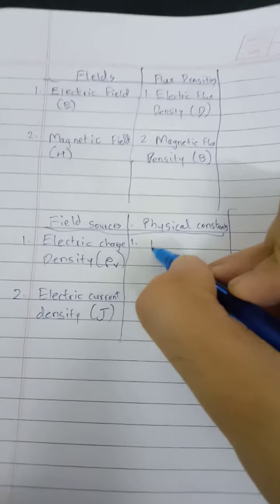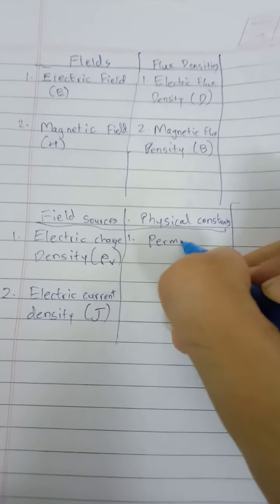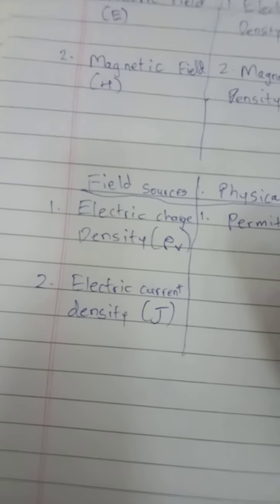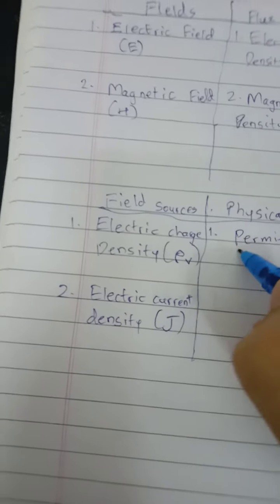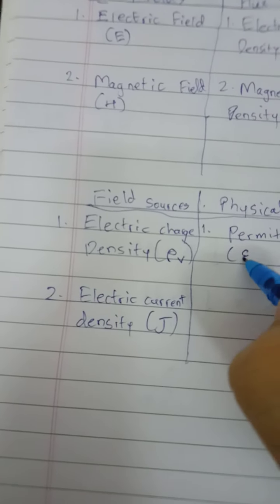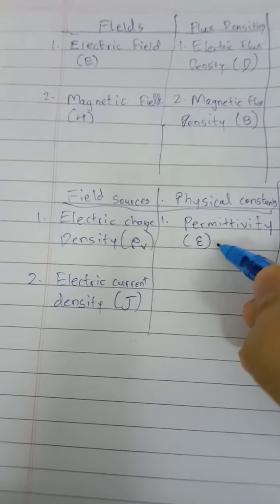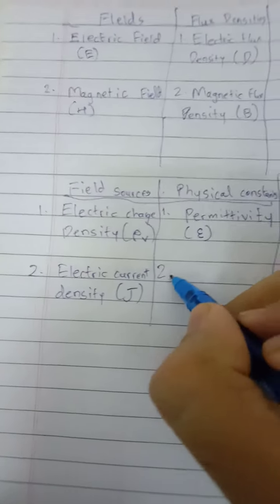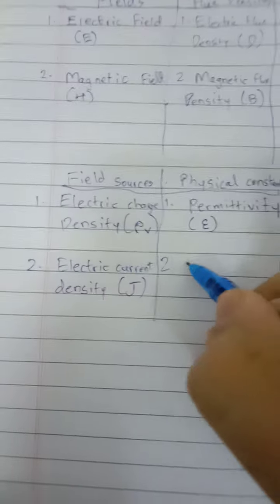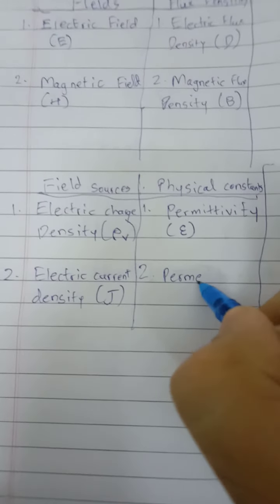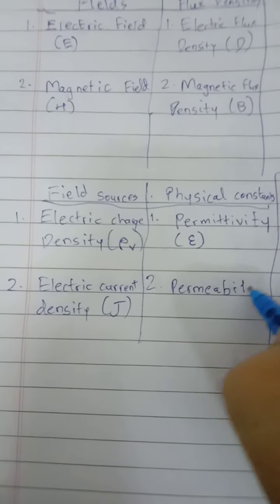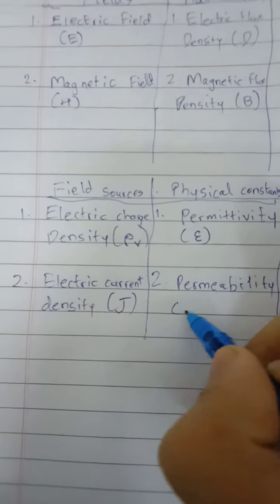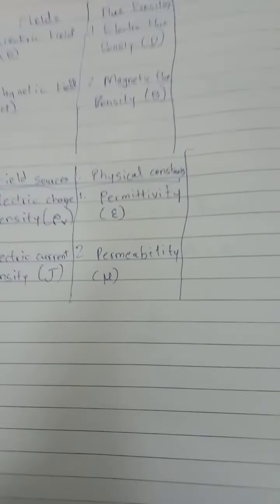The first is known as permittivity, which is represented by the Greek letter epsilon. And the second one is known as permeability, which is represented by the Greek letter mu.